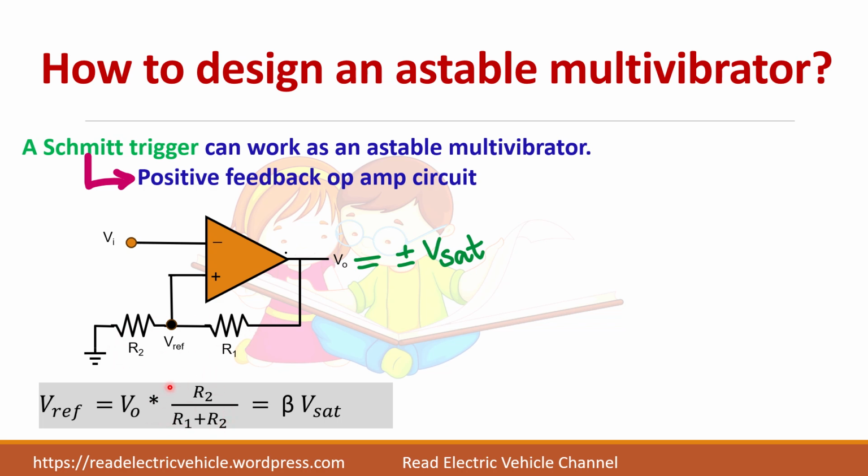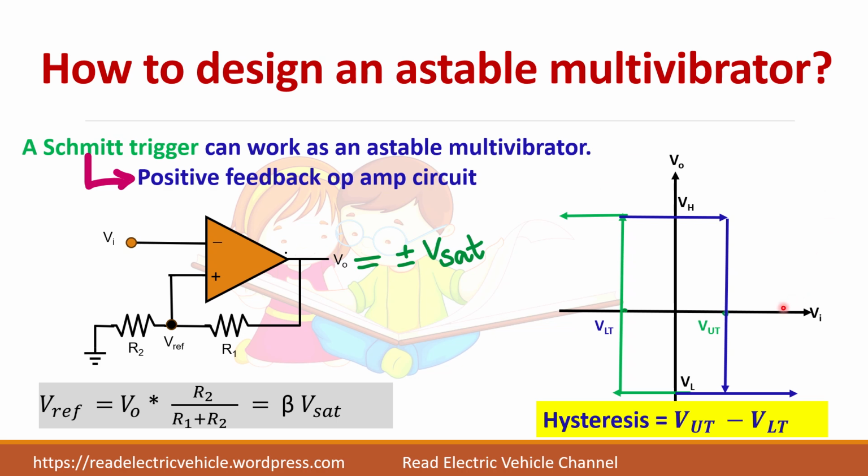So this R2 divided by R1 plus R2 is equal to beta. So it is beta Vsat. And if the output voltage is minus Vsat, the reference value will also change. So always this input voltage is compared with this reference voltage, and based on that you will get the output as plus or minus Vsat.